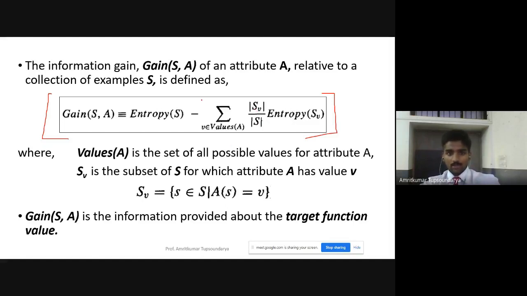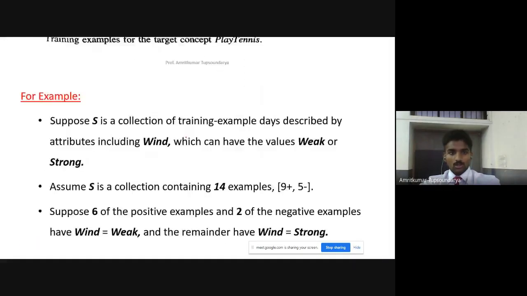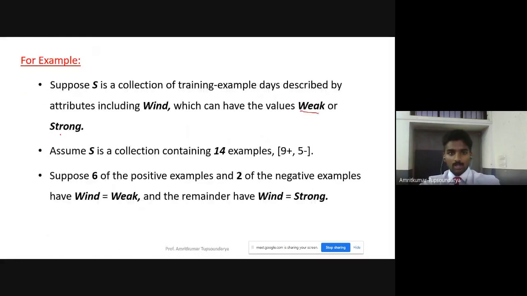S_v, for example, let's say we took an example of wind. Wind will have two values here, that is weak and strong, right? So depending on weak and strong, we computed the entropy for that particular attribute.